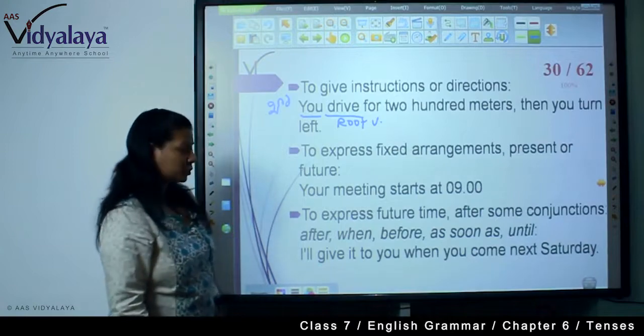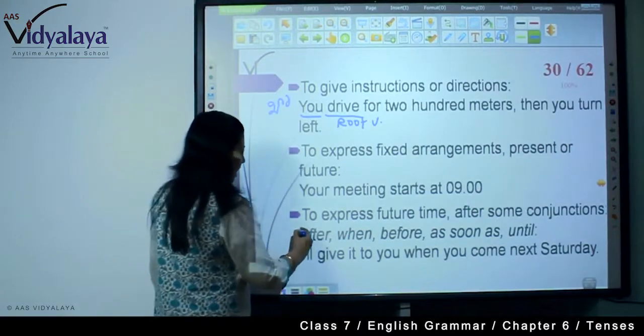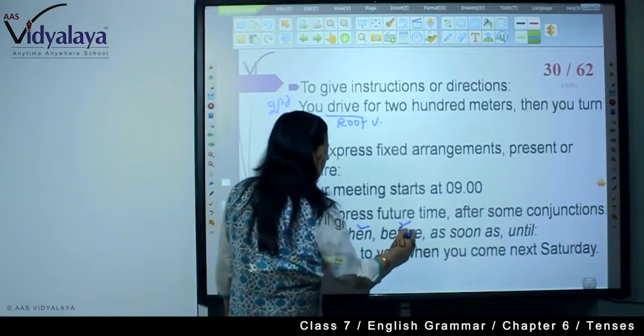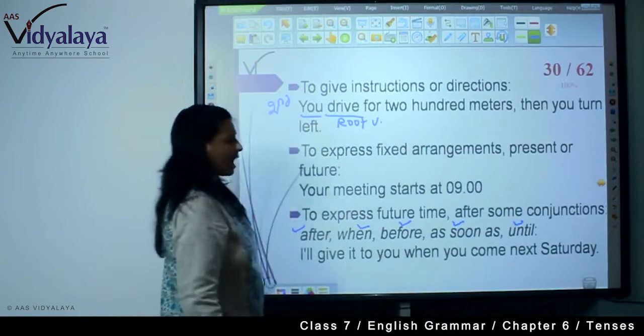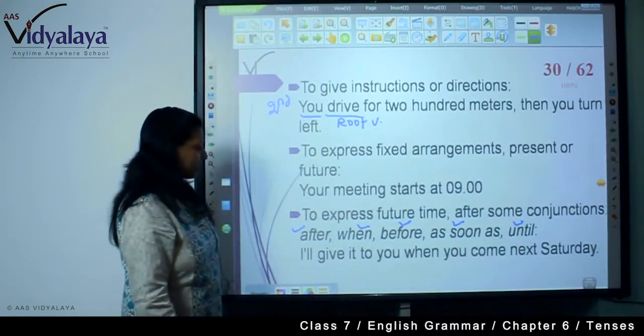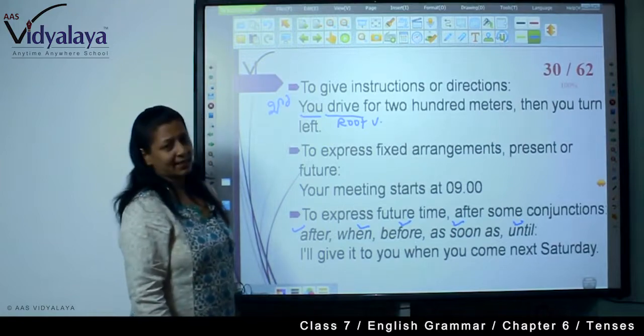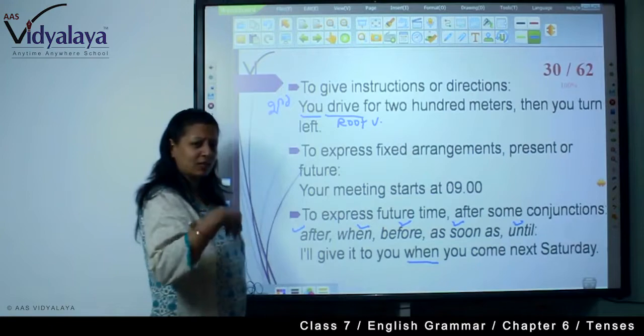To express future time after some conjunctions, for example, after, when, before, as soon as, until. So after these conjunctions we use simple present. I will give it to you when you come next Saturday. See, when is here. Before you arrive.